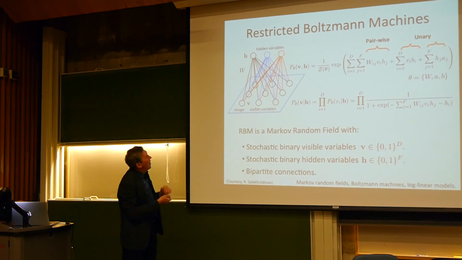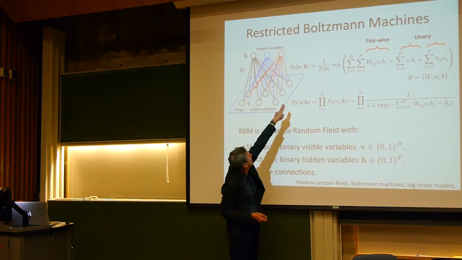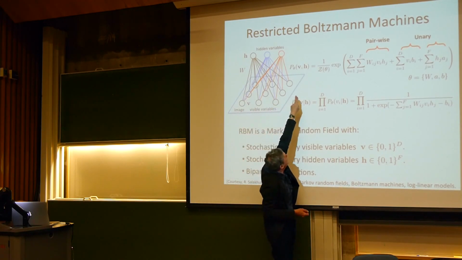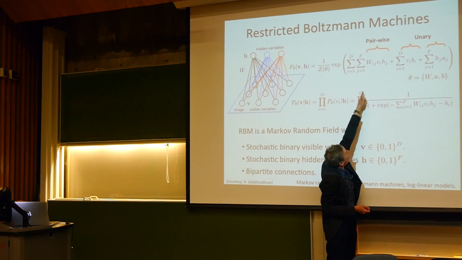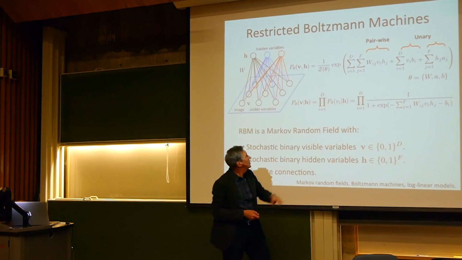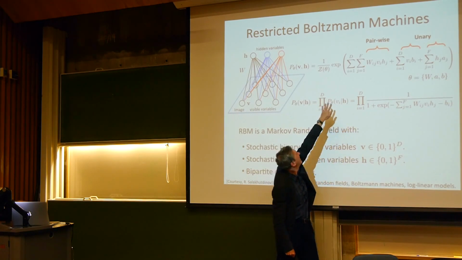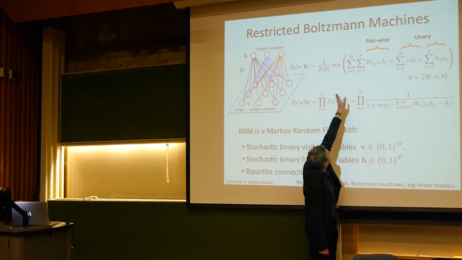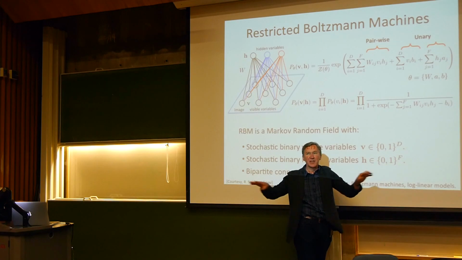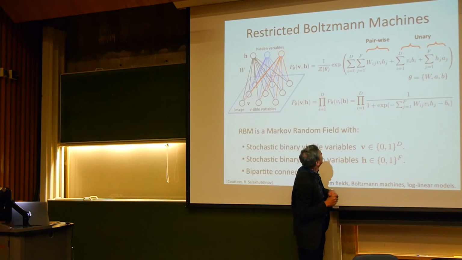So if you look at it that way, you can define the joint probability on all the nodes, vector V plus the vector H, as this exponential distribution, which looks vaguely like a Gaussian. This is called the Boltzmann distribution. It's some exponential of something, and Z is a normalization constant adjusted to make sure all the probability mass equals 1.